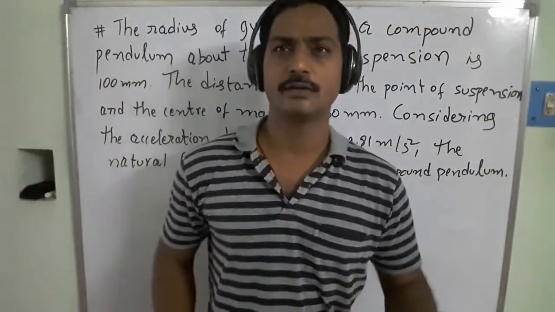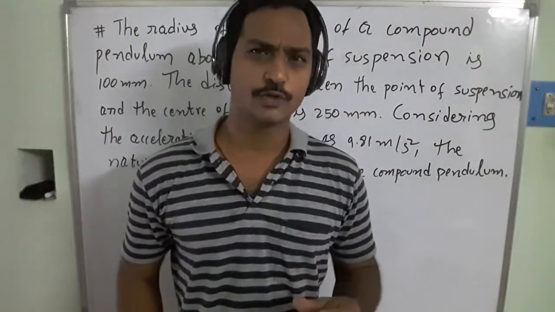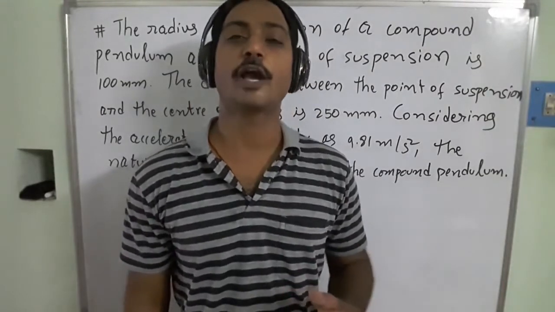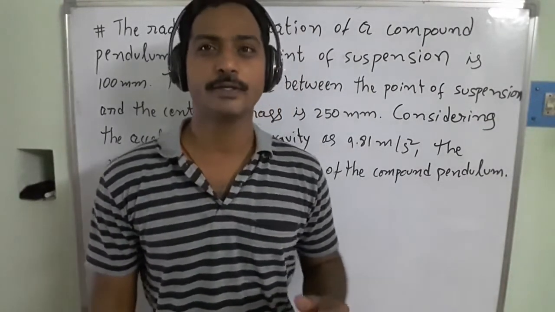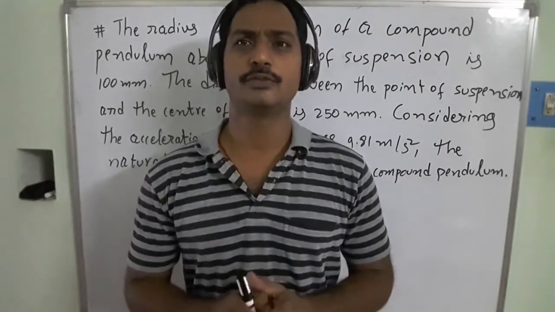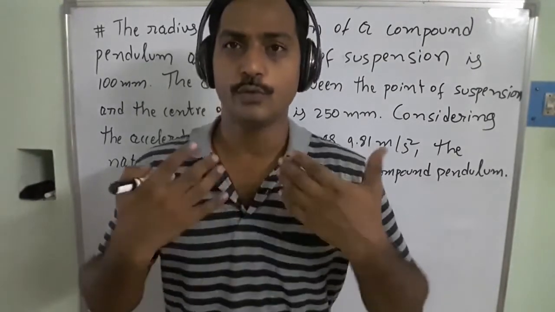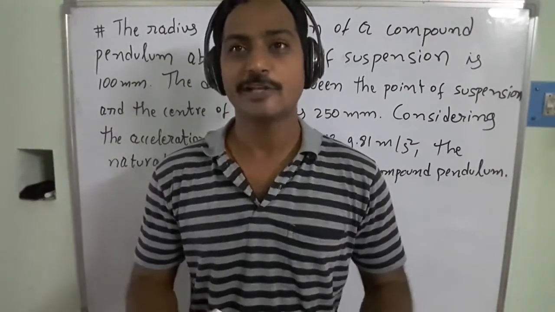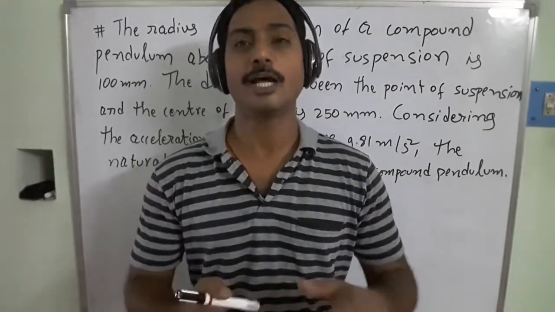In the last session, we derived the equation of motion and the natural frequency of a compound pendulum, right? So in that connection, we are going to solve a few problems to understand how to determine the natural frequency of the compound pendulum or other parameters.